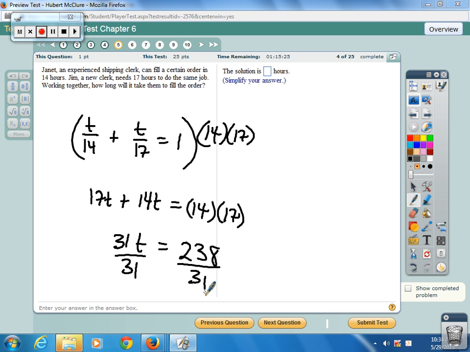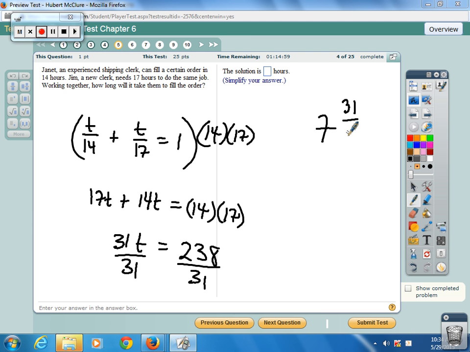So let's do, and we know 3 times 8 is 24. So try maybe 7, 7 times 31 is going to be 7 right here, and then 21, and 31 won't go into 21, so 21 over 31.